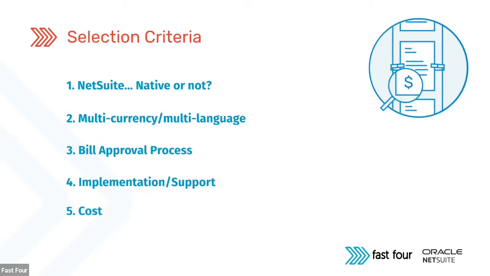And I think trying to determine that matters, because there's a lot of functionality if you go with a third-party system that they're going to offer to you as part of that cost. And if you're just looking for, hey, I just want to be able to enter my bills more automatically, then you're probably paying for things that you don't need, versus saying, you know what, let's keep it in NetSuite, and I really want to pay here.